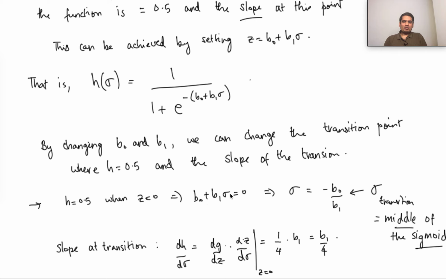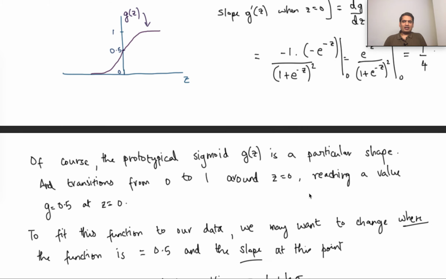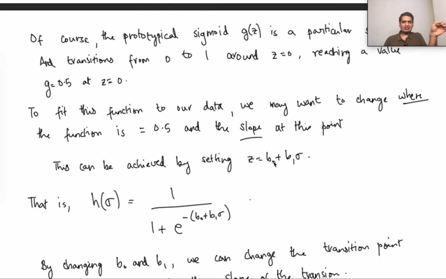So b naught plus b1 sigma equals 0, or sigma equals minus b naught by b1. So essentially the ratio of these two coefficients with a negative sign is where the center of the sigmoid is. Both these coefficients affect the transition threshold, if you will.